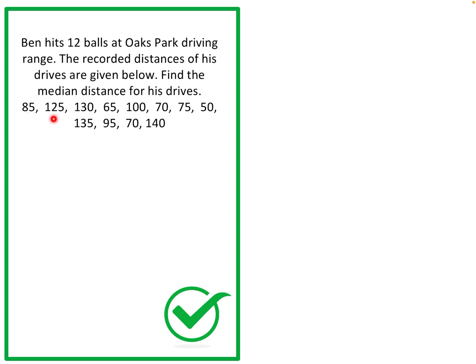Going through my data, the smallest is 50. What was next? The next would be 65. The next would be 70. We've got another 70, so I'll write that out again. What else have we got now? So we've done both 70s. We've got 75. Now we've got 85.